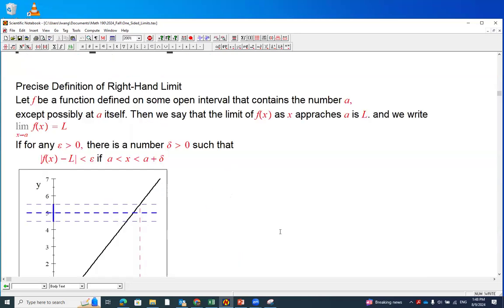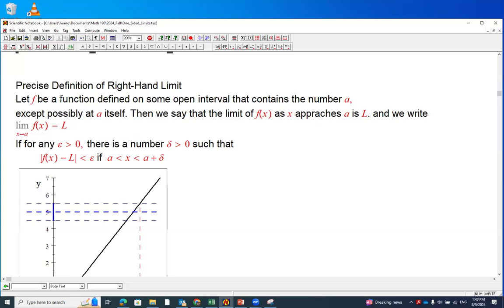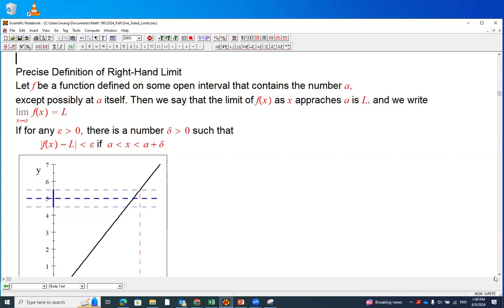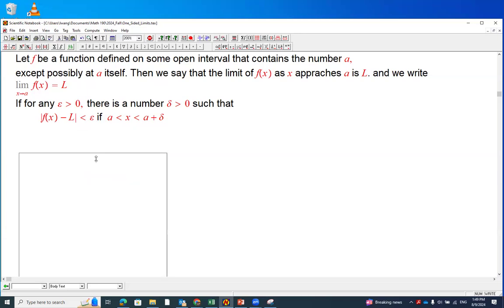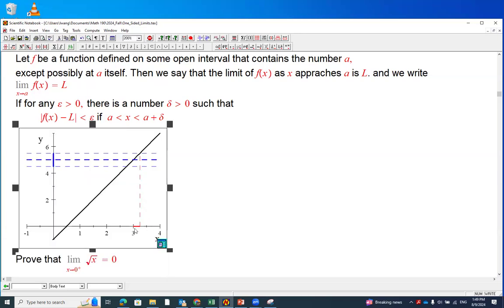And the precise definition of the right-hand limit says that x is going to be from the right side of 3, or A, okay? From the right side of the 3.